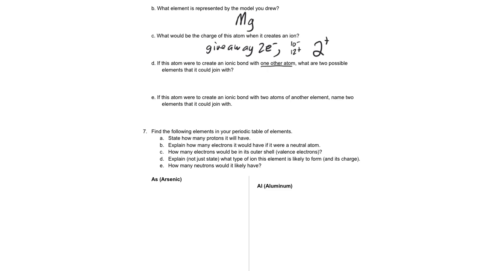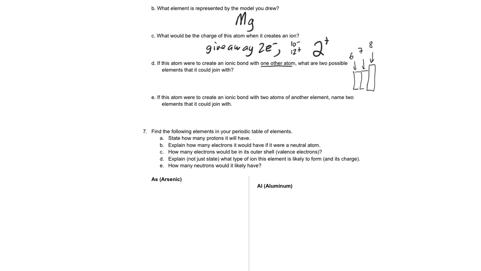If you remember in our periodic table of elements, the very far column on the right, those have 8 valence electrons. The next column over, those have 7 valence electrons. The next column over, that has 6. So those are the ones that want 2 more electrons.